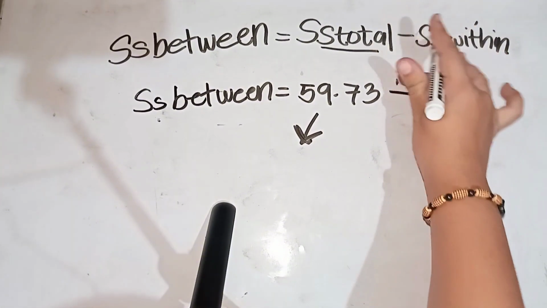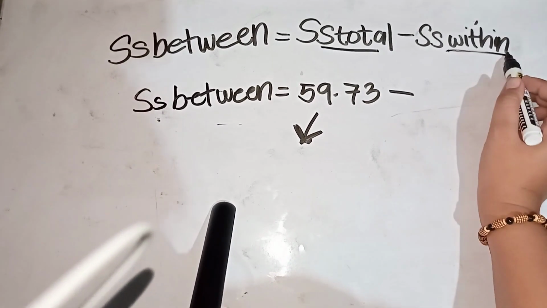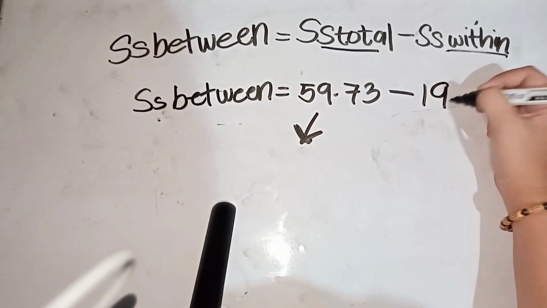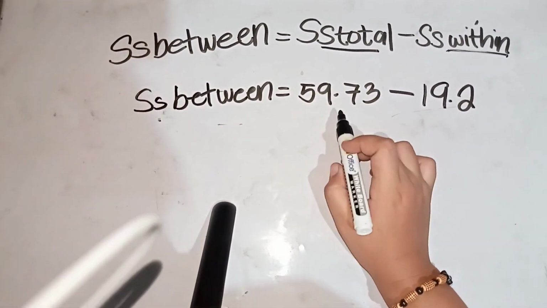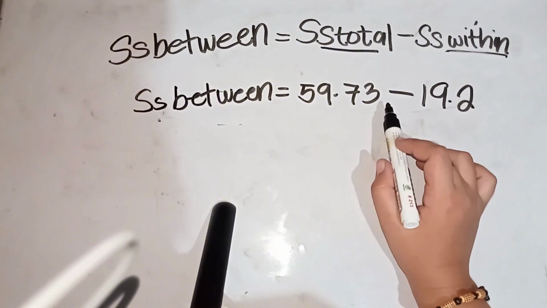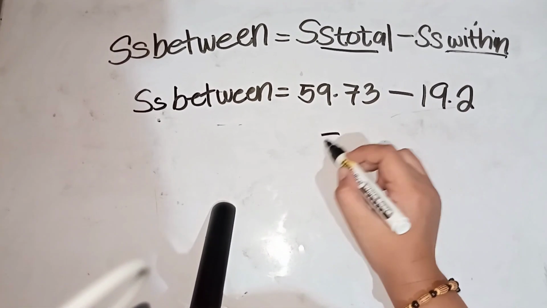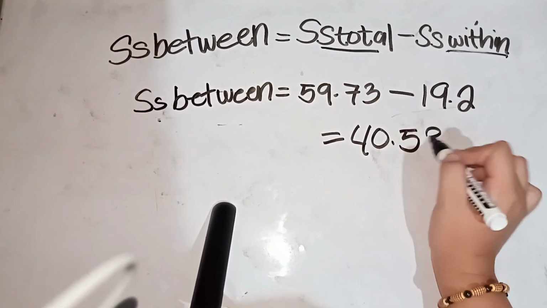Minus within, diba? Ito ang within, 19.2. 59.73 minus 19.2 equals 40.53.